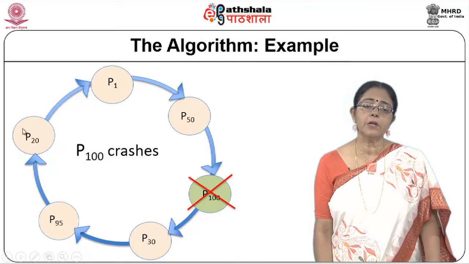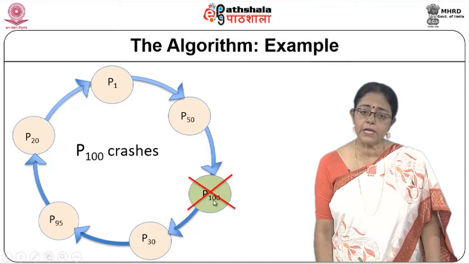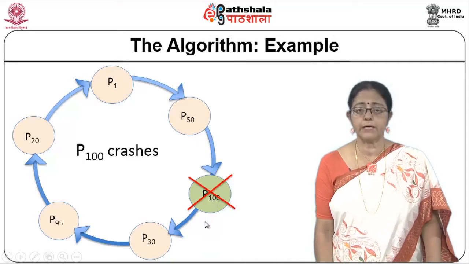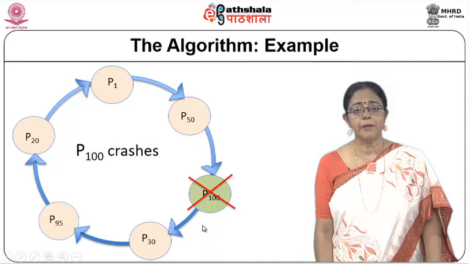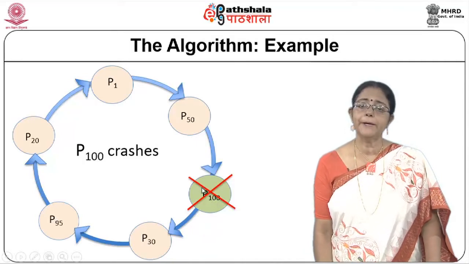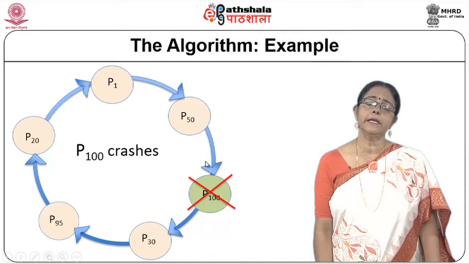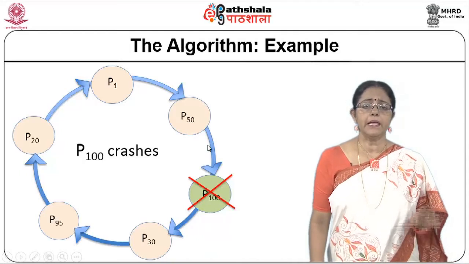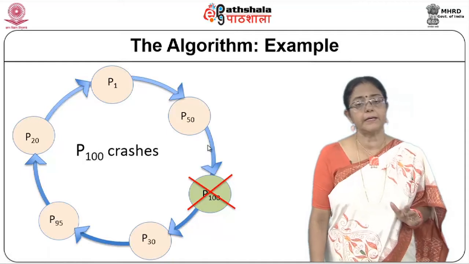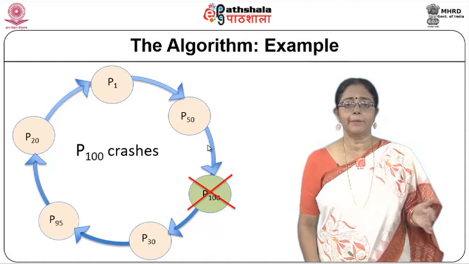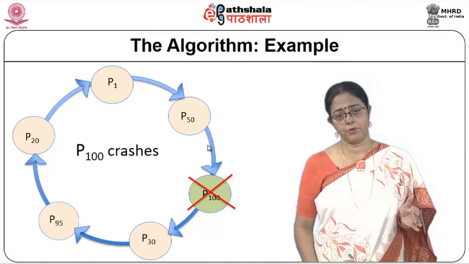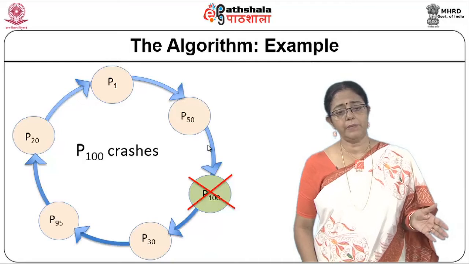So, P30 would have sent some message through the ring to the leader, which is P100, but because P100 has failed, it will not respond. In a distributed system we detect failures by doing a timeout. We already have seen how the timeout works. We set a timeout limit.